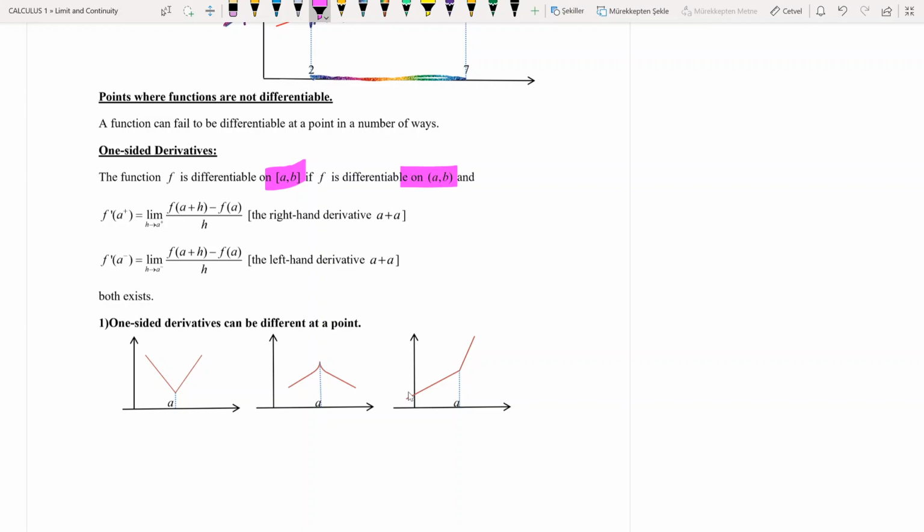And if the right and left derivatives are equal to each other, then the limit exists and the derivative exists also. But if you have sharp corners like this, then one-sided derivatives can be different at a point. It means that the function does not have a derivative.